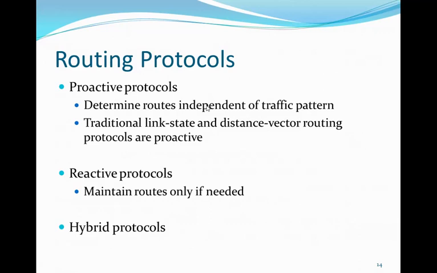Once there is a need for data delivery, for communication and transmission between or among different nodes, then they will start the route discovery process, and then onward the data will be delivered to the desired destination. Next one is the hybrid protocol, which has characteristics of both reactive and proactive protocols.